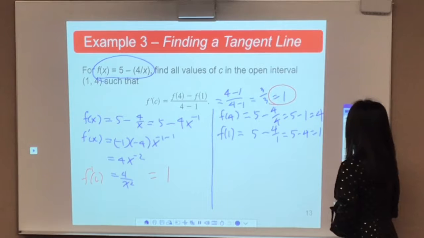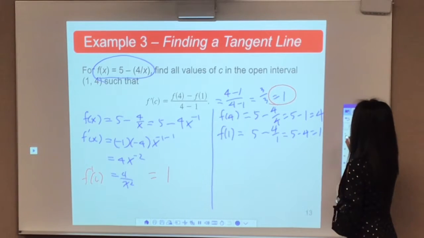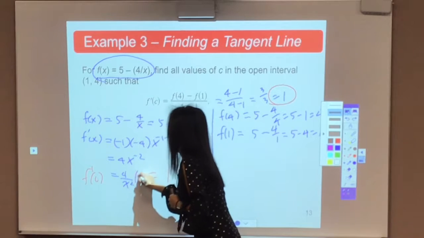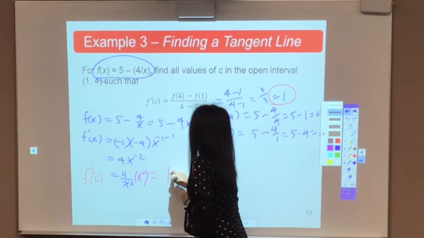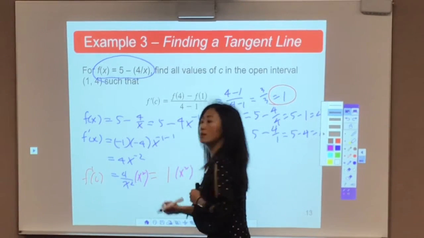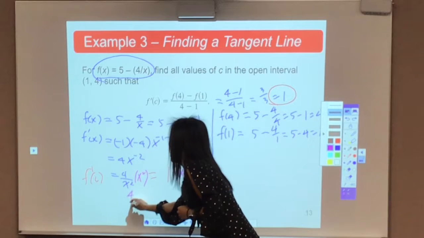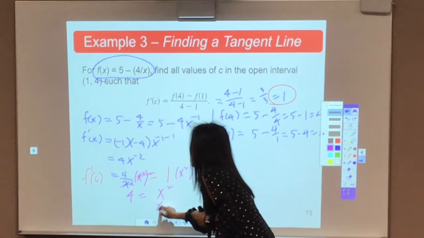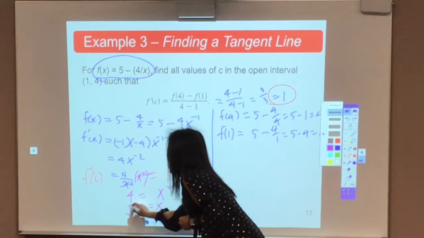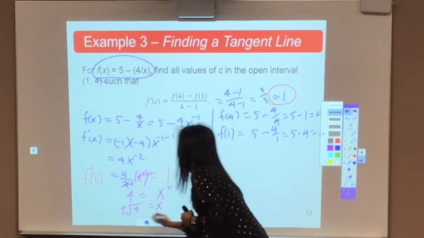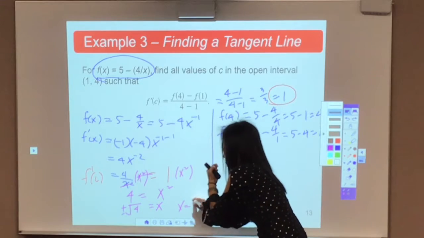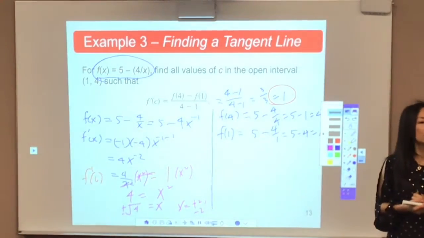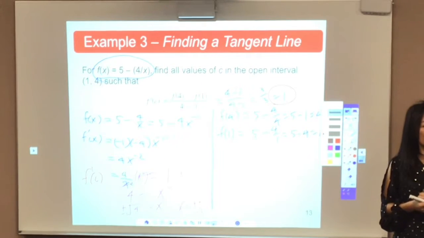All right, so what can I do? I will multiply this by what? x squared, and multiply this by x squared. So I have 4 is equal to x squared. What's x equal to then? Square root of 4, plus or minus. So x is equal to what? Plus 2, and then what? Minus 2. We have 2 specific numbers in this case.